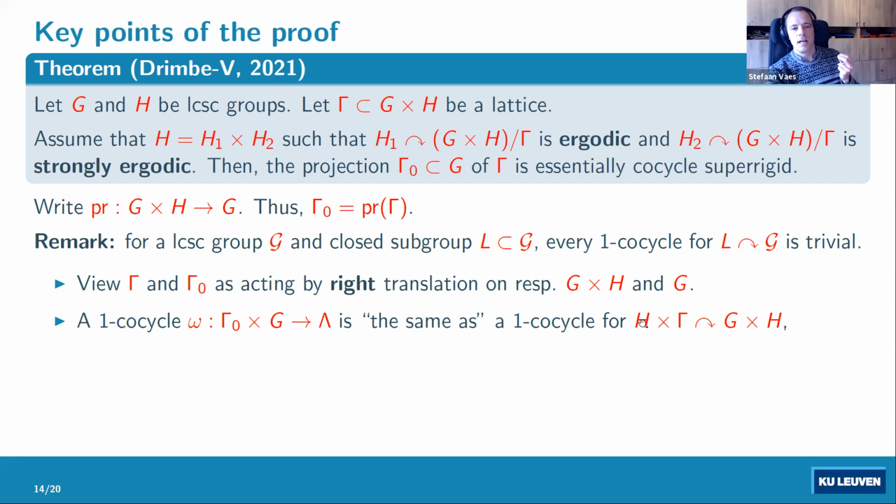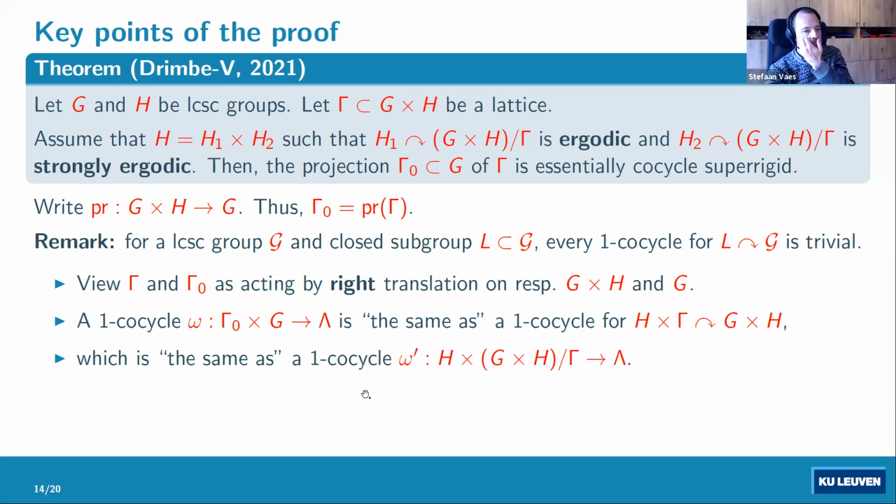Because you see, H is acting like by translation on itself, so you can actually mod it out. And if you mod it out, what remains is really gamma 0 acting on G. So that's just a dictionary to say that this is essentially the same data. But now gamma is acting, of course, on the right as a closed subgroup.